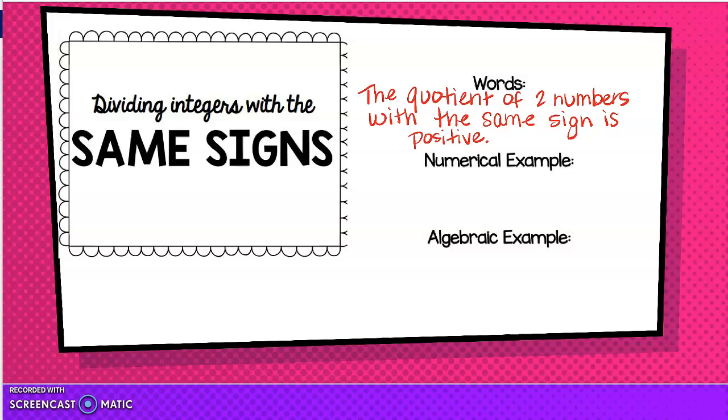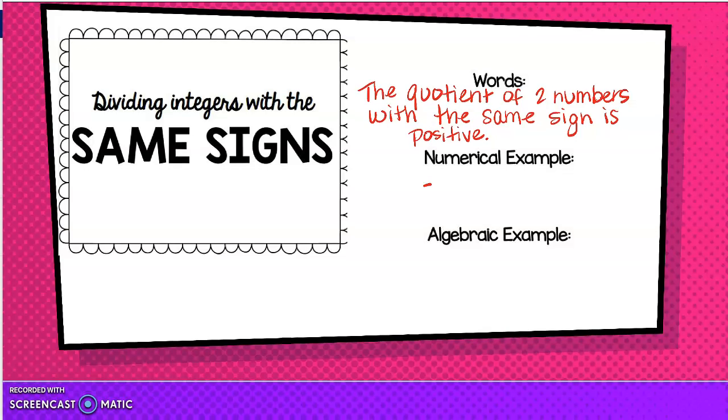So the numerical example would be like -25 divided by -5 would get me a +5. Because I know 25 divided by 5 is 5, and they're both negative. So if I'm following this rule, that means my answer will be positive.